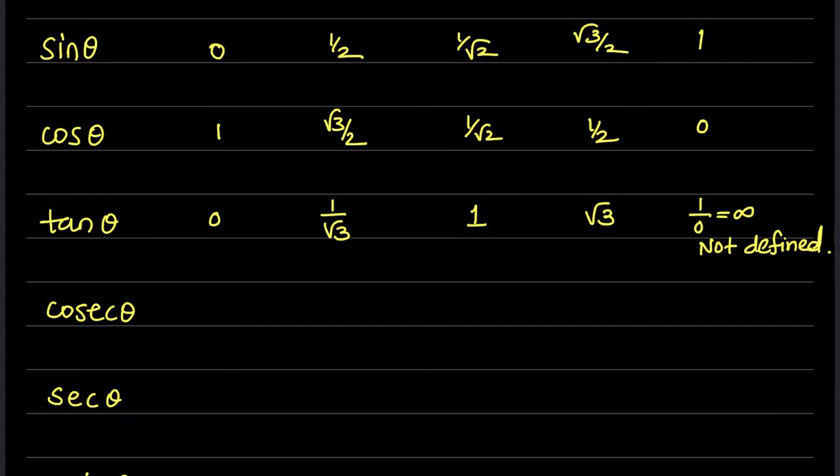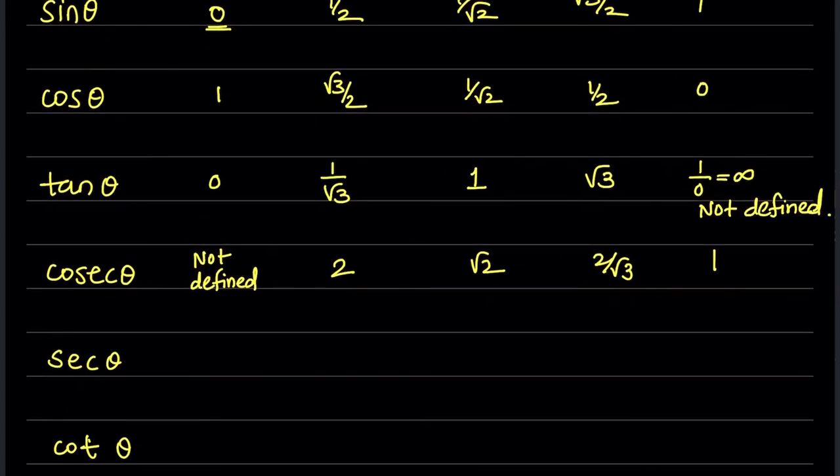So take the reciprocal of the values of sin theta. The reciprocal of 0 is not defined. Now the reciprocal of 1 upon 2 is 2. Here root 2. Here 2 by root 3 and the reciprocal of 1 is 1. Now for sec theta, the reciprocal of cos theta: 1, 2 by root 3, root 2, 2 and not defined.